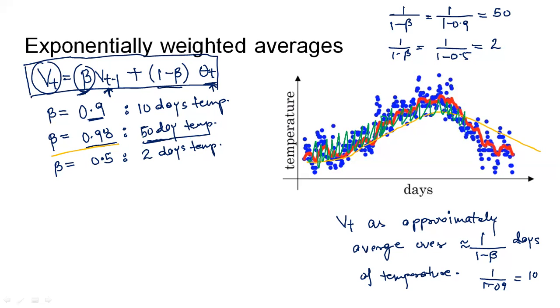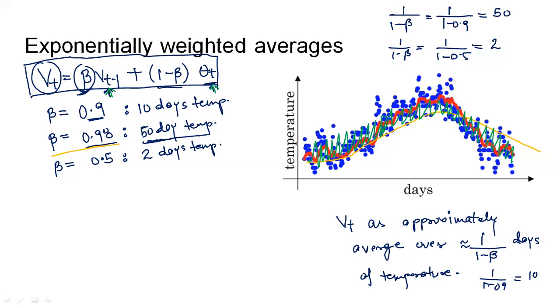Why would this graph be very noisy? This is because you are now giving quite less significance or less weightage to the previous day's temperature. Instead, you are giving more weightage or more significance to today's temperature.